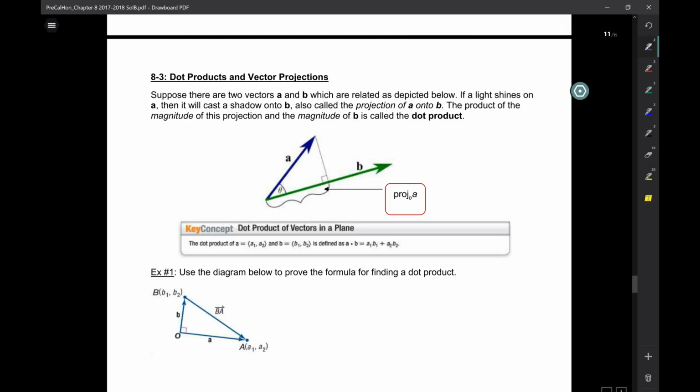All right, so suppose you have two vectors like this, and we've seen lots and lots of applications where you've got one or two vectors acting on an object, offset by an angle and so on.